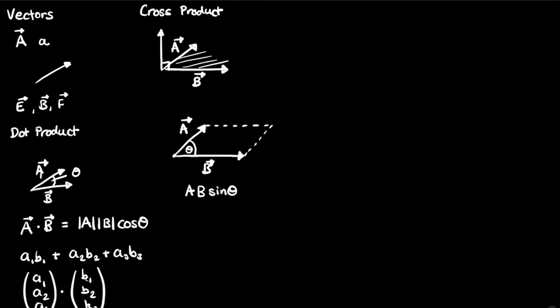So this vector has a magnitude of ab sine theta. So we can write the cross product, vector a crossed with vector b, as equal to the magnitude of a, the length of a, times the magnitude of b times the sine of this angle right here.